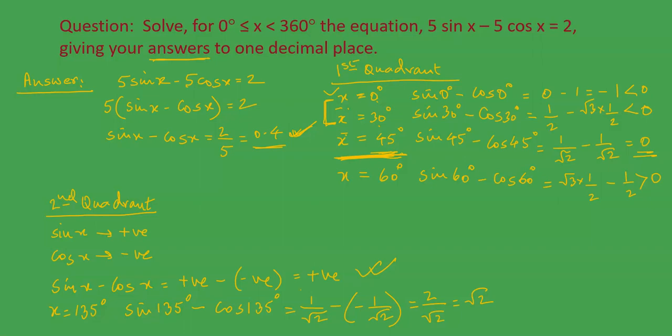It will be a positive number. I have taken only a single value. You can take any other value. You will always have a positive answer. Okay. So the graph moves above the x-axis and it stays above the x-axis for the whole of the second quadrant. What about the third quadrant?